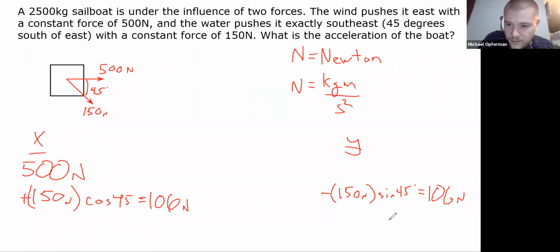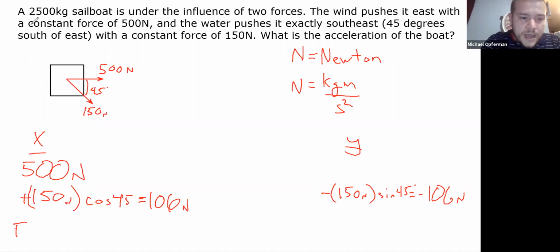We need to get a negative sign in there. So step two, break all the forces into components. Check. Step three, sum all the X components and then sum all the Y components.